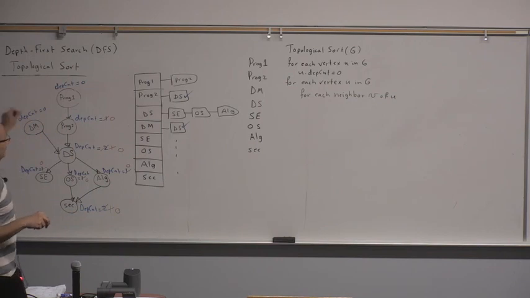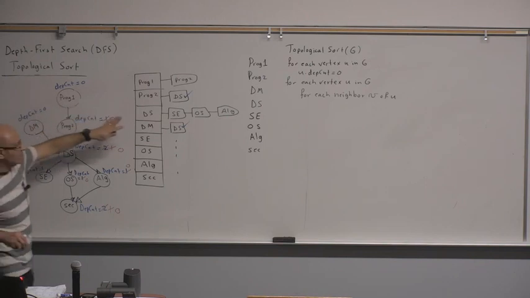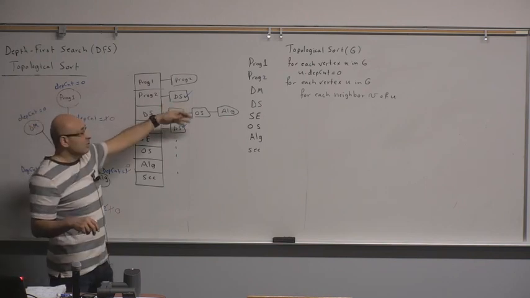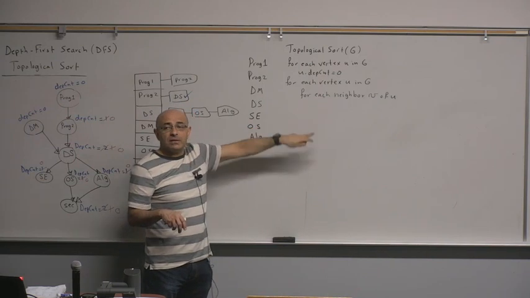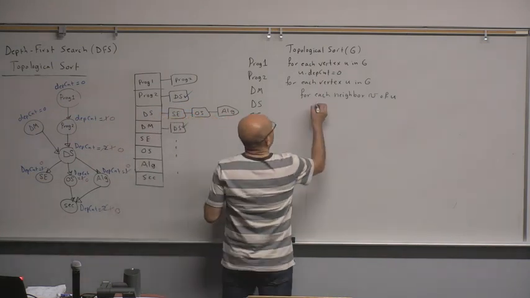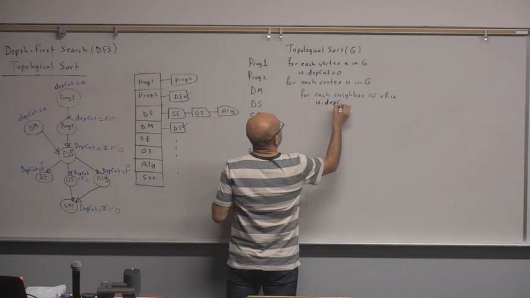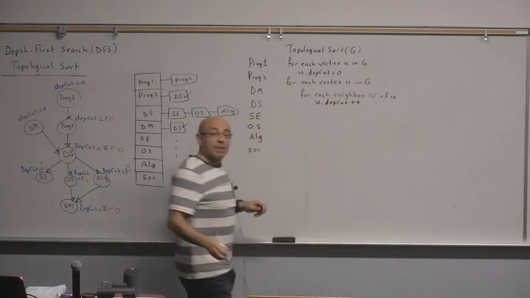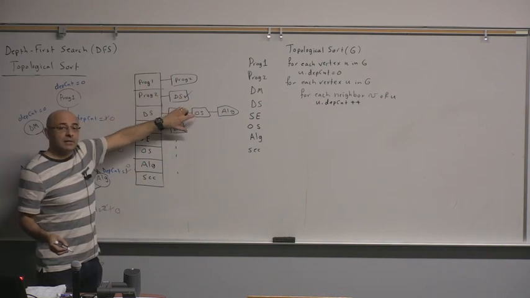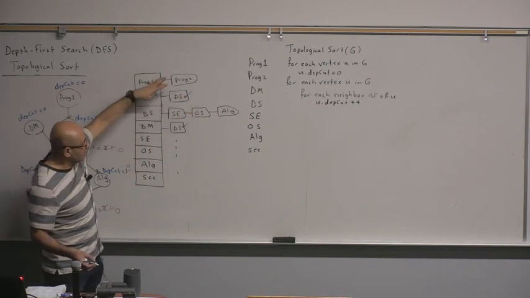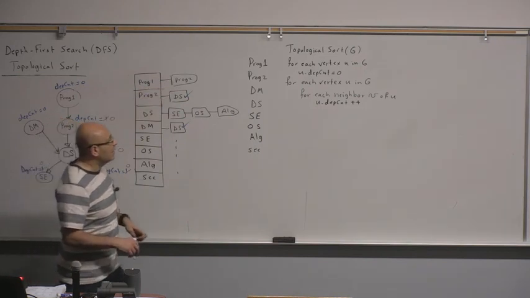What do we need to do based on this description? We're trying to calculate the dependence count, which is the number of occurrences of each vertex in this list here. So what should we do? So just increment the dependence count. So v dot dependence count plus plus. So we are counting how many times it appears here. So we're going through all of these lists and we are counting how many times it appears here.